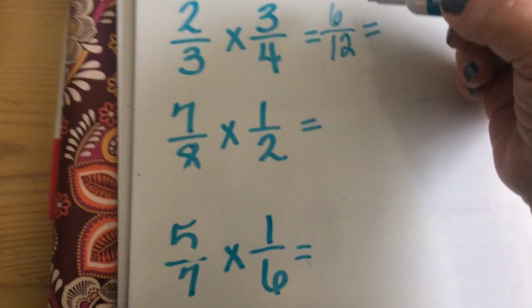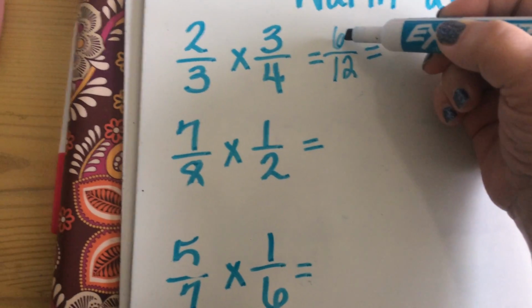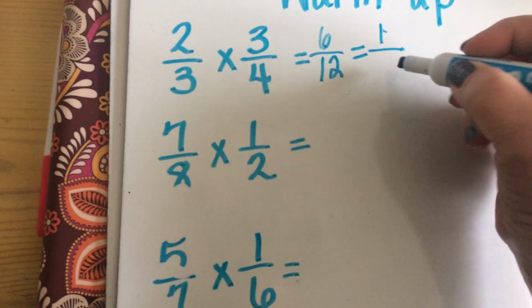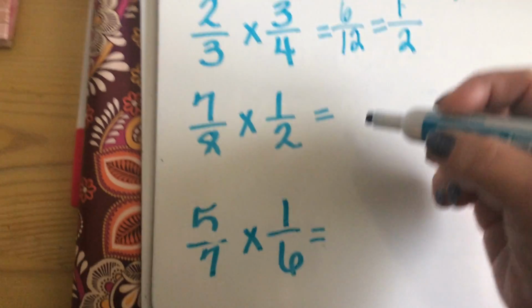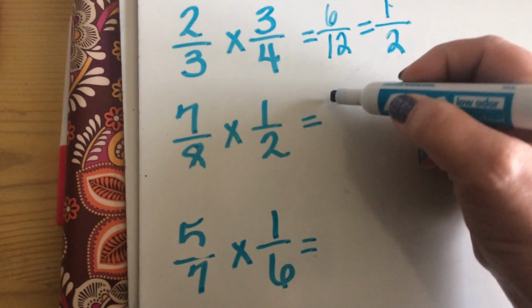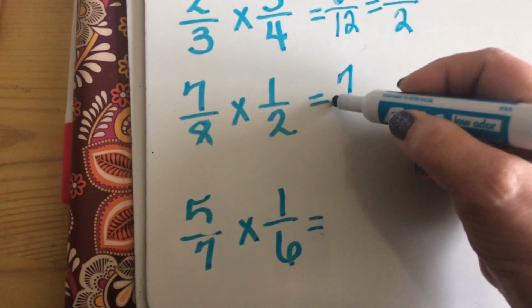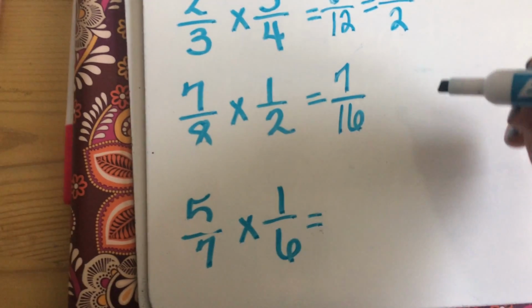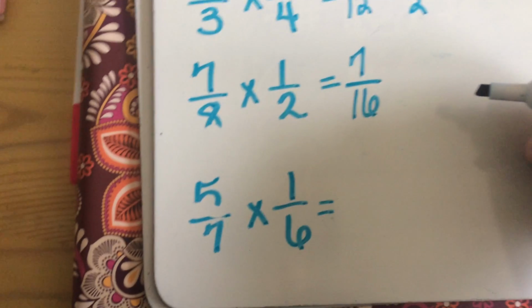You can reduce that by saying 6 will go into 6 one time, and 6 will go into 12 two times. Here's another one. 7 times 1 is 7, and 8 times 2 is 16. That cannot be reduced.